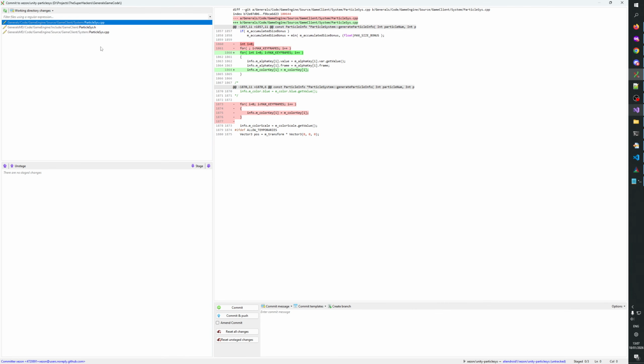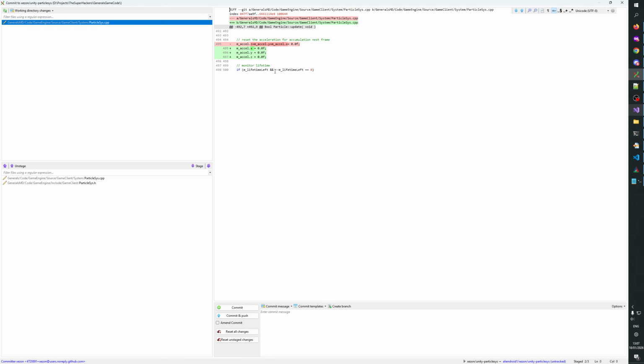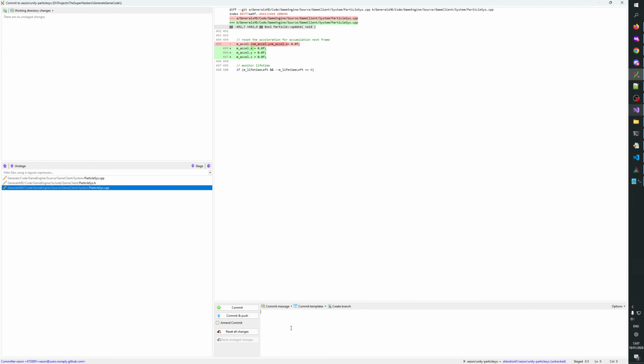Okay, and then the rest is just reflectors. This stuff here. There's a reflector. Yeah. This is just unify ParticleSys. Merge reflectors.